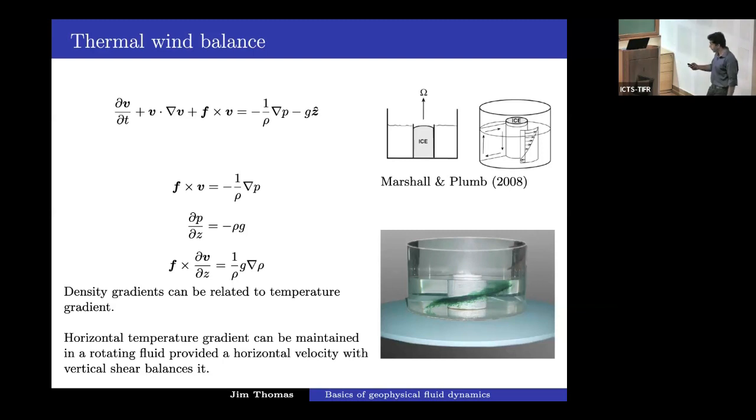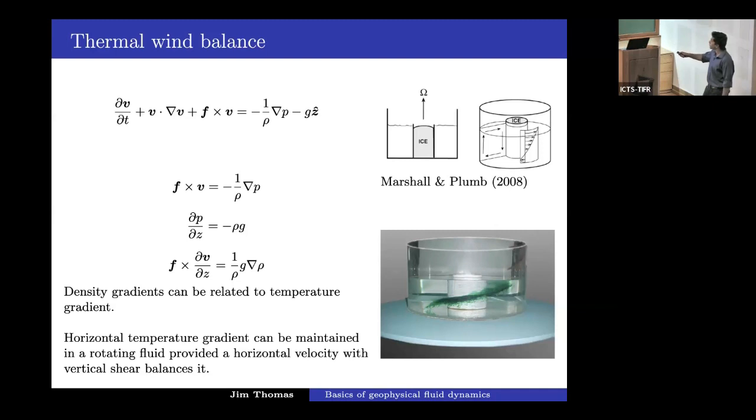This is a laboratory experiment that can be set up if you have a rotating tank. It's a very popular experiment when people teach geophysical fluid dynamics to undergraduate and high school students. This is a picture from Marshall and Plumb's first course in geophysical dynamics book. We are looking at concentric cylinders. You can put ice in the inner cylinder, and the fluid surrounding it is regular water.